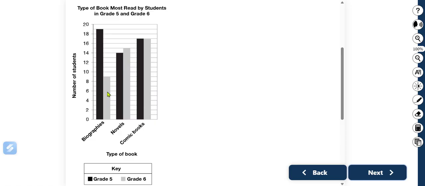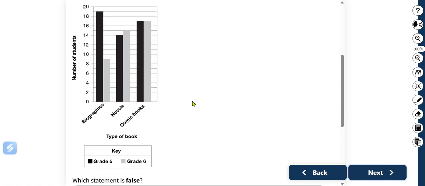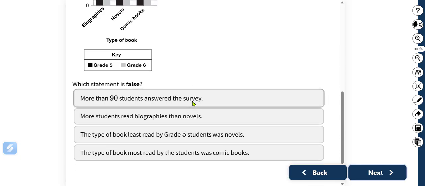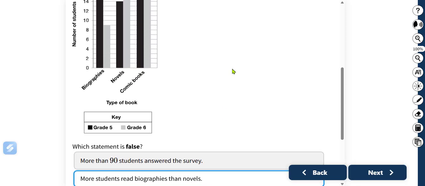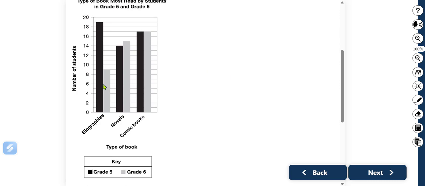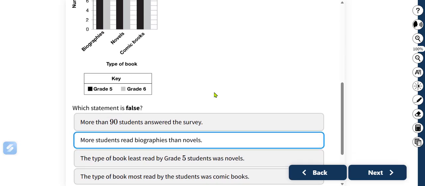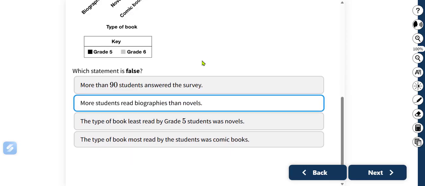The option is more students read biographies than novels. So this statement is false because biographies is 28 and novels is 29. Actually, more students read novels. So this statement is false. So this is the answer.